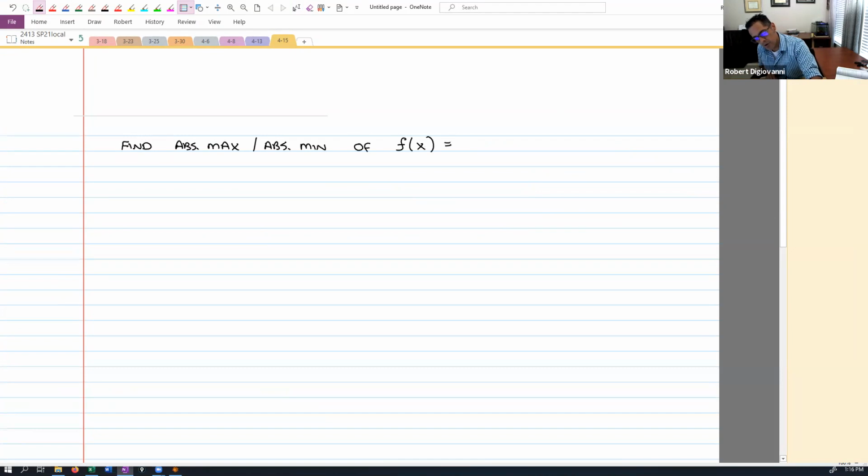All right, so I want us to find the absolute max, and I want us to find the absolute minimum of the function f of x. We're going to start out very simple, x squared minus 4x on the interval, let's go -1 to 3.